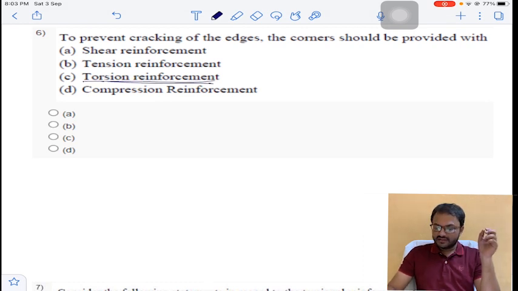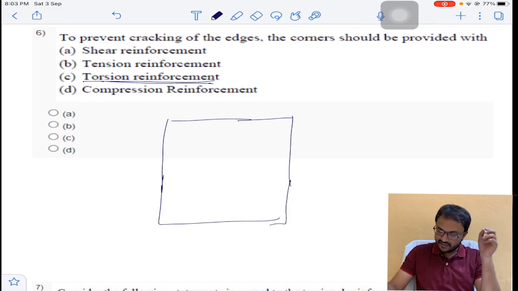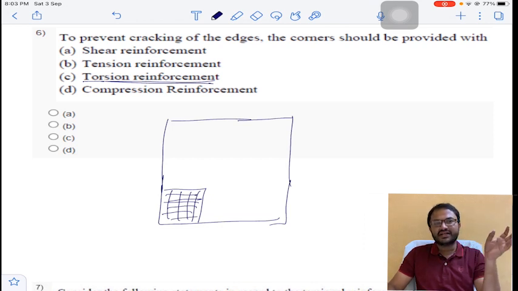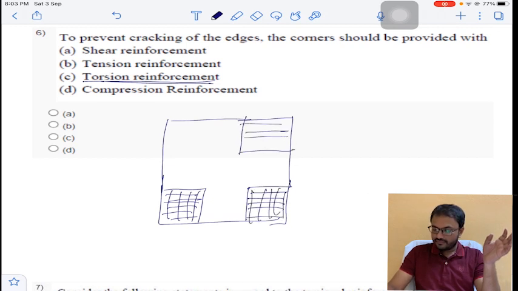Okay. So this we can provide it like as you can observe here in the diagram in these corners. In addition to the positive as well as negative reinforcement, in the corners we need to provide this corner reinforcement. Clear?